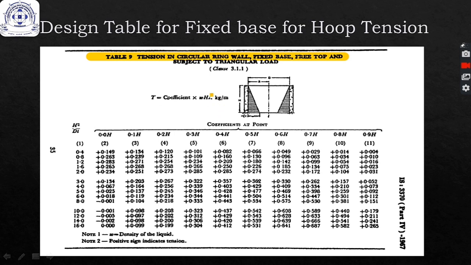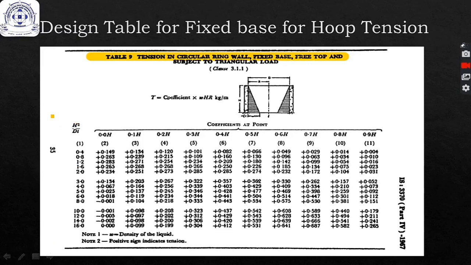R is the radius, or we can write it D by 2. In this particular table, these values which you are looking at are the coefficients of tension. We get this coefficient from this table and multiply it with W H into D by 2, where W is gamma W, the unit weight of water, and we get the value of T.